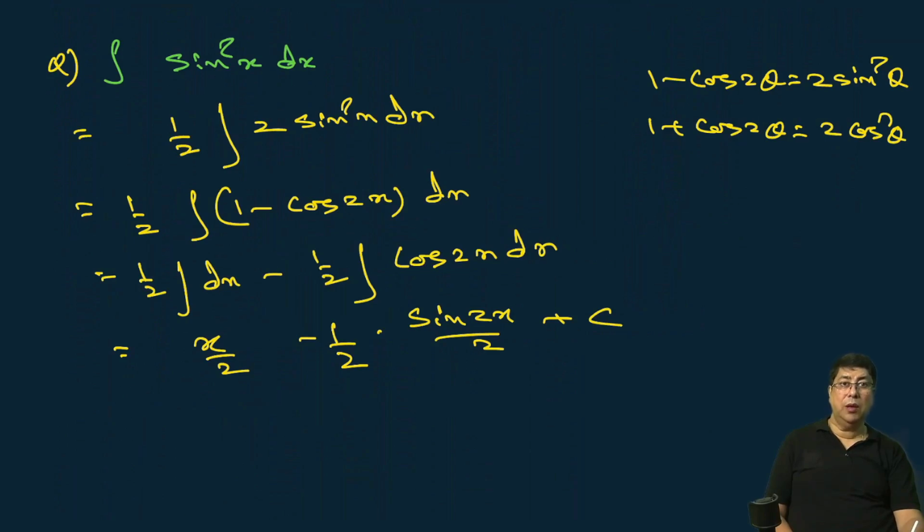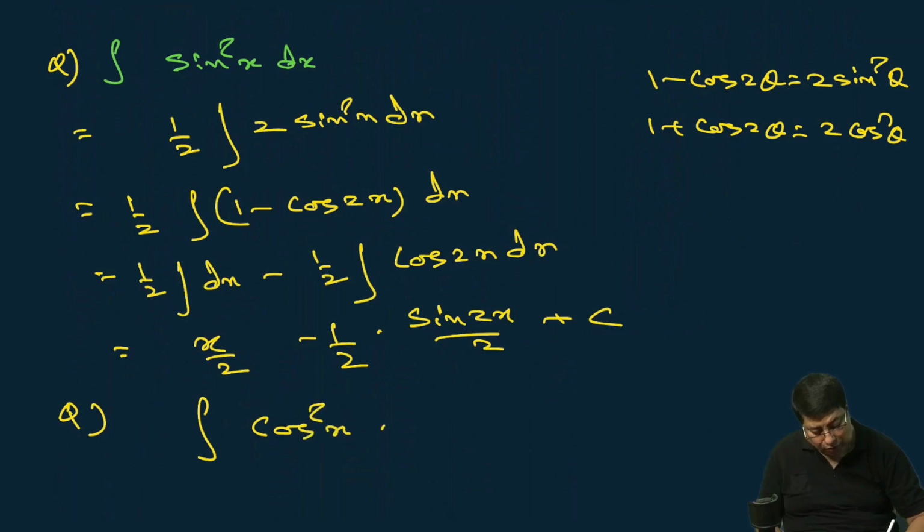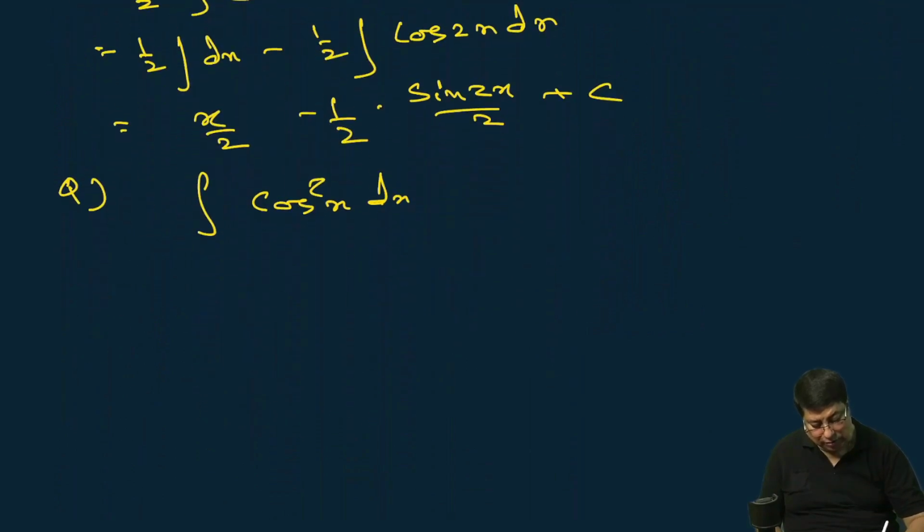Okay, so I am going to do the next sum. Suppose integration of cos square x. What to do for that? Similarly, there is no formula for cos square x, but we have the fundamental formula for cos mx, the multiple angle, not the power.